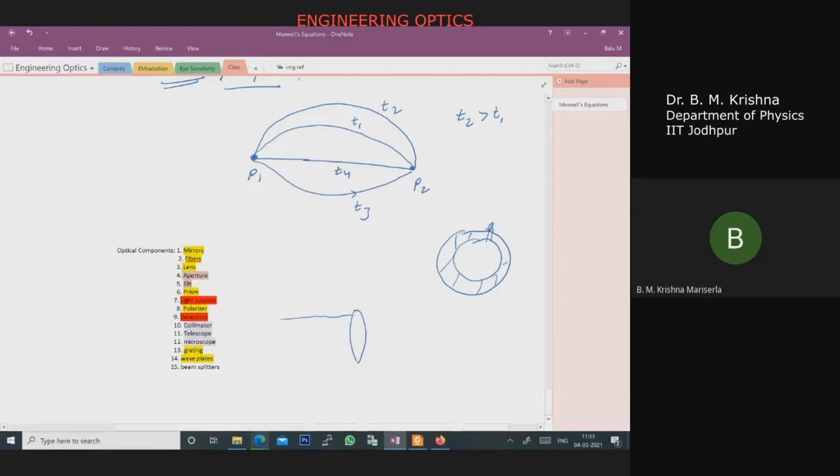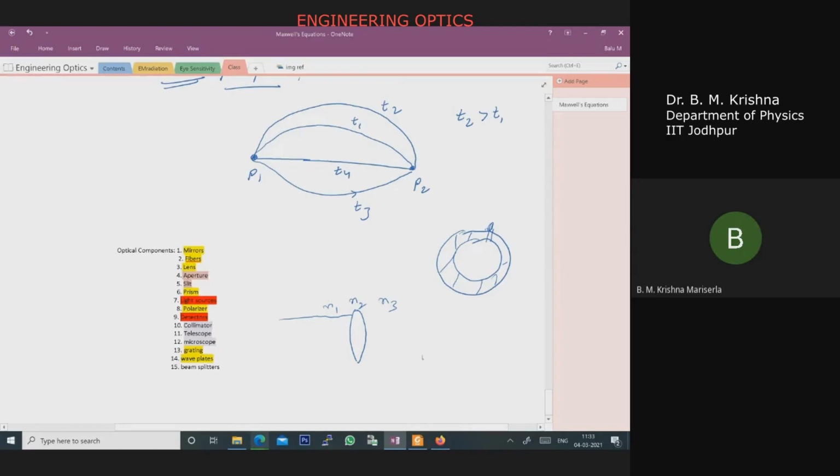In refraction, the refractive index of this medium and that medium will decide the bending of the light. Now when light propagates through a medium, different wavelengths experience different refractive indices because the refractive index is not constant.